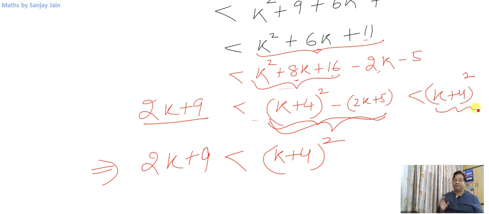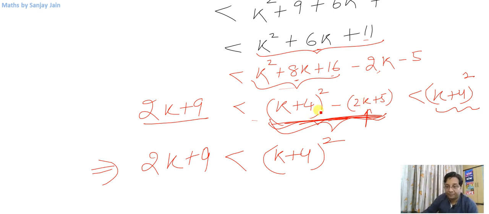Okay, all right. And why is it lesser than it? Because k here is a positive integer. This is something that you should keep in your mind. That is why it is lesser, right? If k would have been some negative integer, then the scenario would have changed.